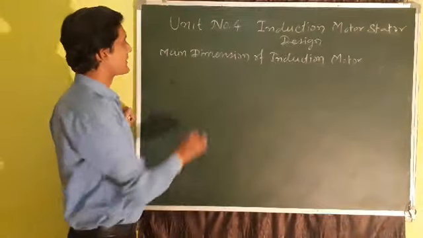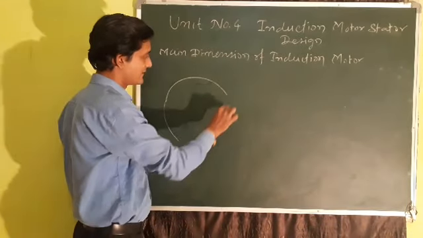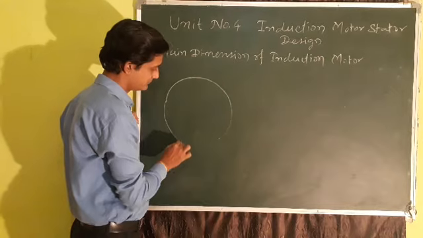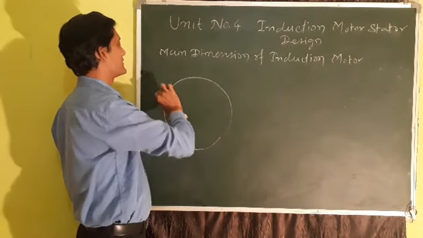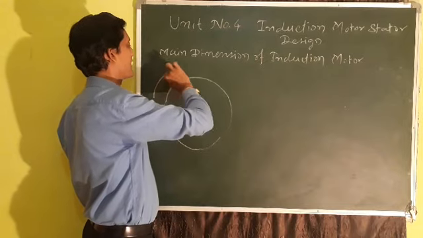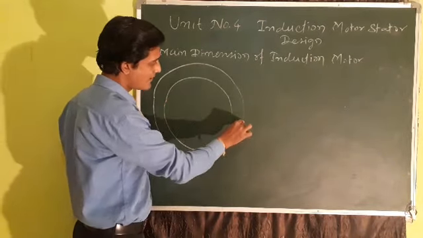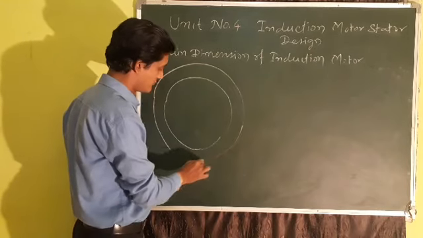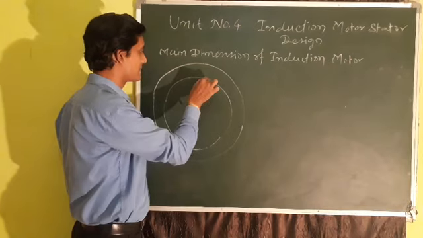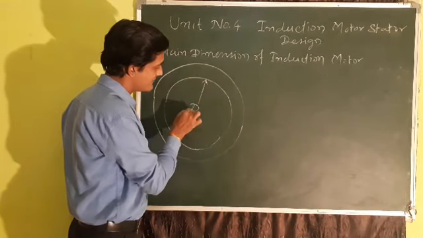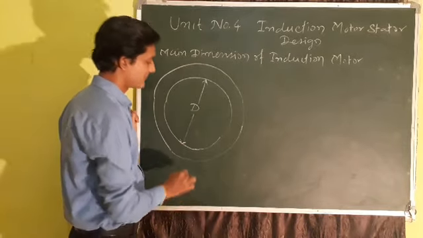See here, if this is the stator core, and this is the outer diameter of stator core, and the inner diameter is called as D, the inner diameter of stator.